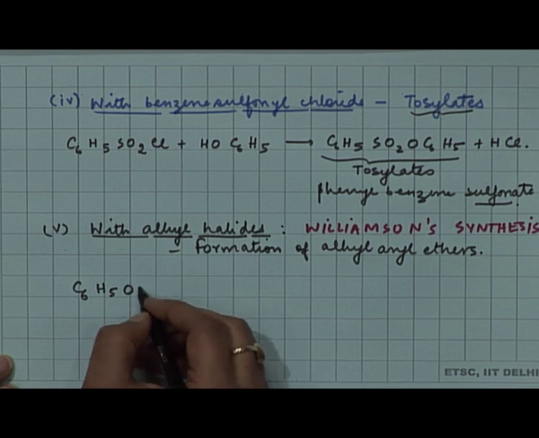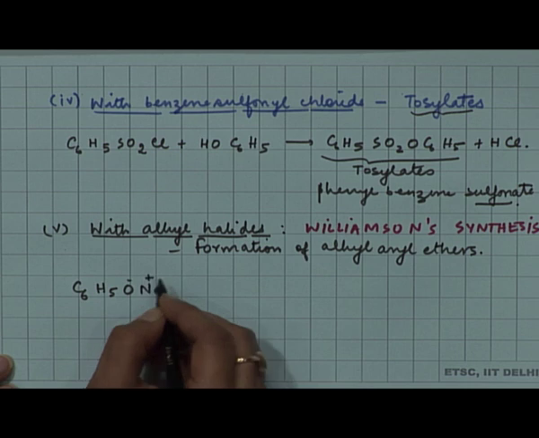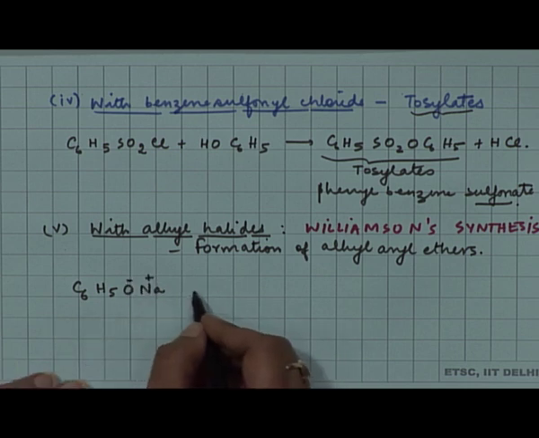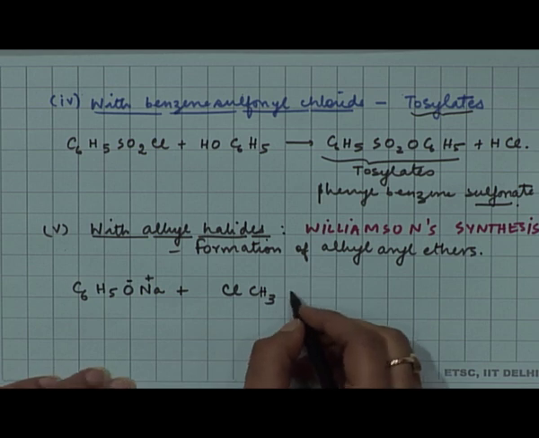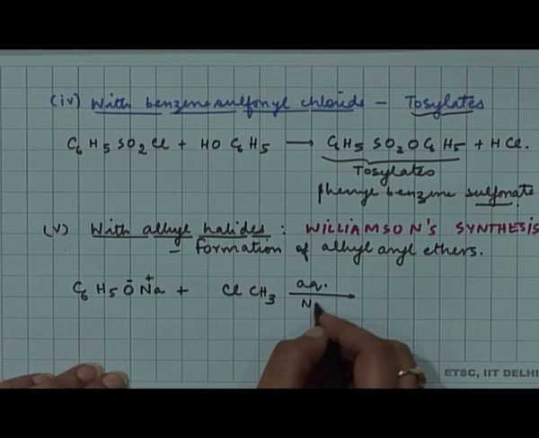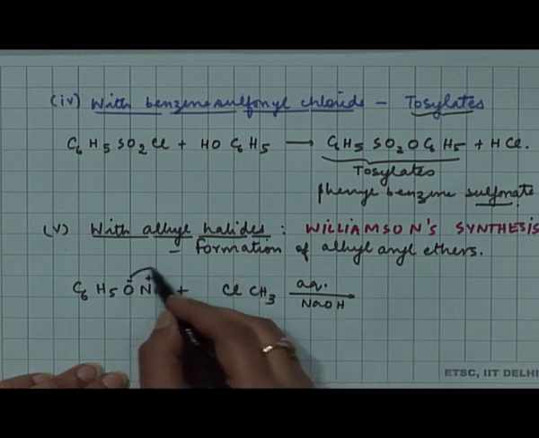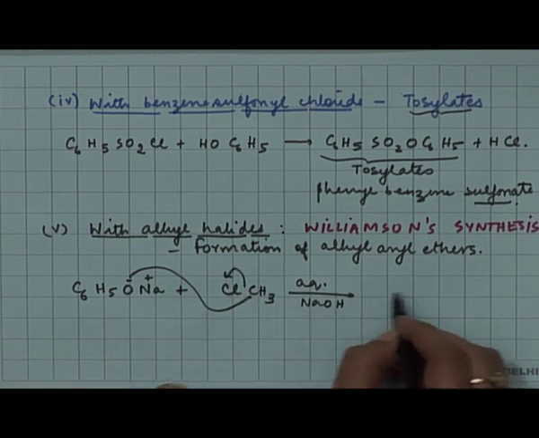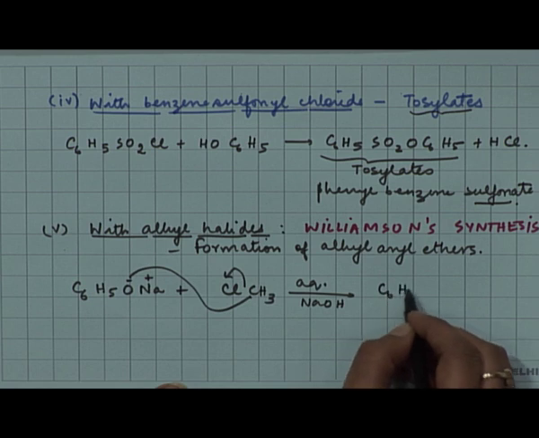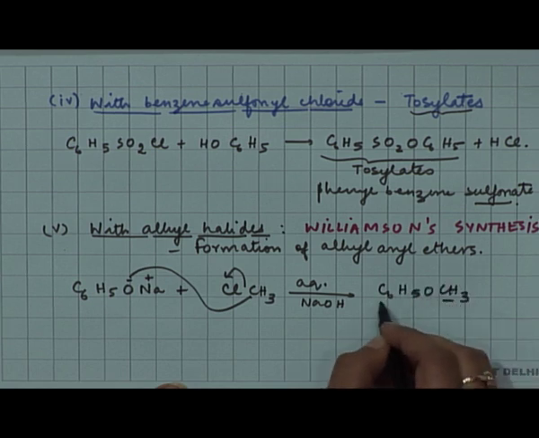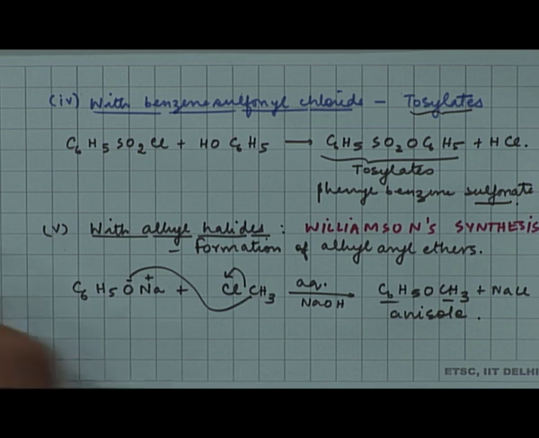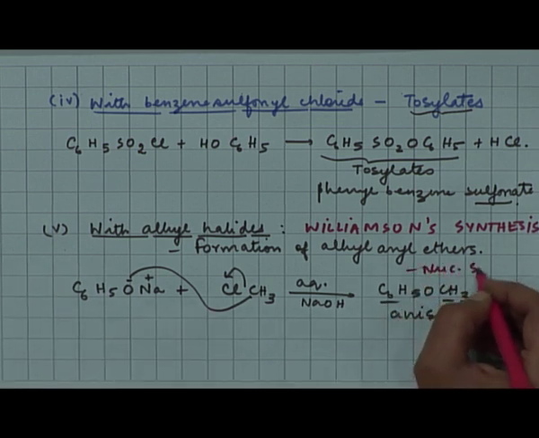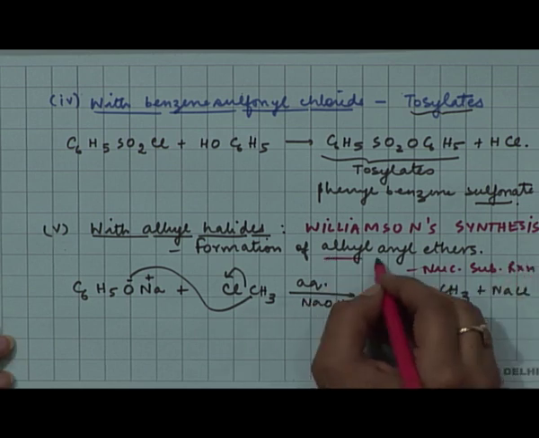You start with the phenol, which under alkaline condition exists in the form of sodium phenoxide, and you treat this with an alkyl halide. Okay. If you treat it with methyl chloride in aqueous NaOH, it undergoes the nucleophilic substitution reaction to give you the alkyl aryl ether, which is called anisole. So, this is essentially a nucleophilic substitution reaction for the preparation of the alkyl aryl ethers.